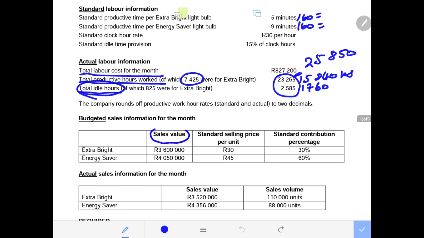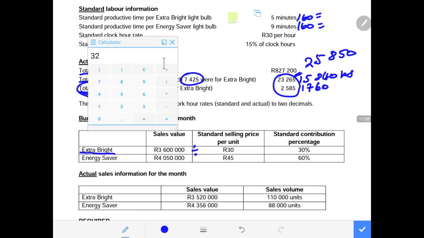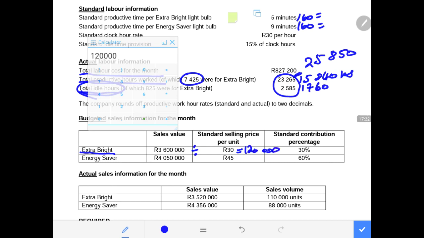Our sales value, take note, not sales in terms of units. Extra Bright had sales revenue of 3,600,000 rands, of which the selling price was 30 rand. And if we divide 3,600,000 rands by 30 rand, it will give us the number of units that were sold, which is 120,000 units, meaning they sold 120,000 units at 30 rand to get the revenue of 3,600,000 rands.